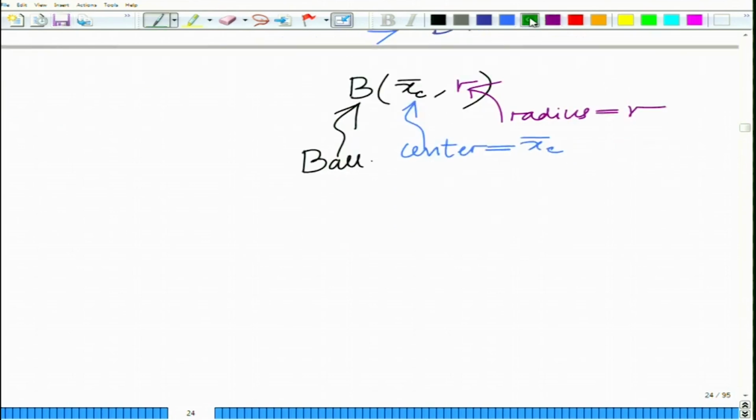Another equivalent way to represent the norm ball, that is an equivalent representation, is as follows.